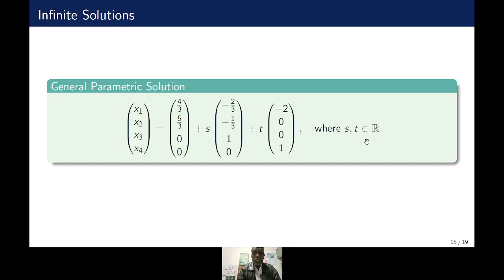Now, we have those 3 situations: no solutions, unique solutions, and an infinite number of solutions. Sometimes you might want to see, without actually solving your system, what is the nature of the solutions that you have. So that is the next part of what we are going to do.